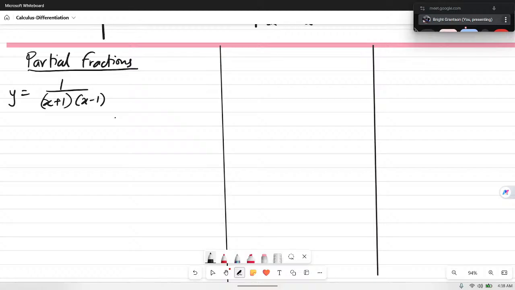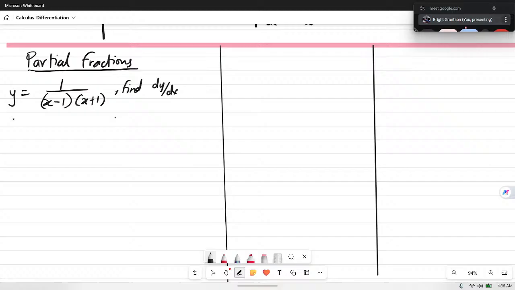So minus 1 plus 1 changes 1 to minus 1, right? If you want to find the dy dx for this function, how do we do that? So break this one down into partial fractions, right?